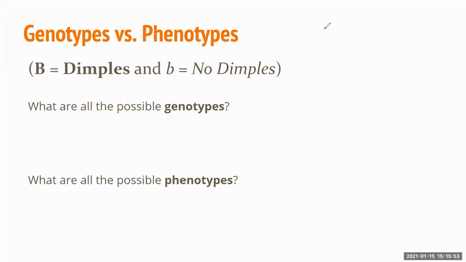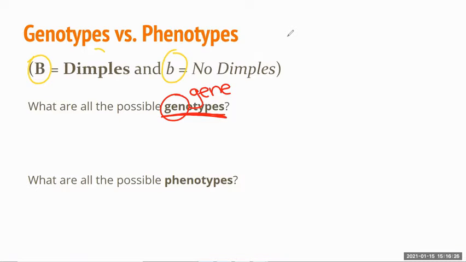Before we move on, I want to get some extra practice with how to differentiate between genotypes and phenotypes. So we're going to start with all the possible genotypes. Remember, genotypes, geno means gene. So this is going to be our gene makeup. And what our genotypes look like come from our alleles.